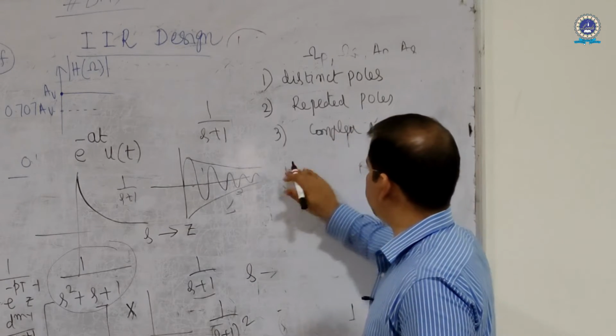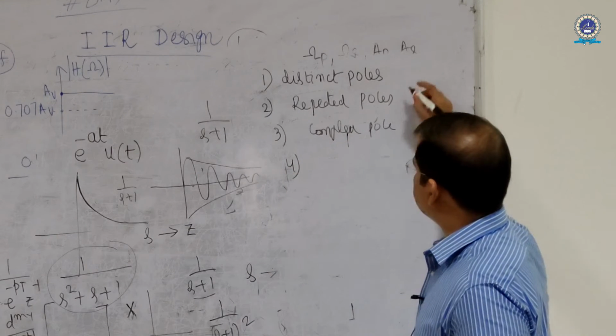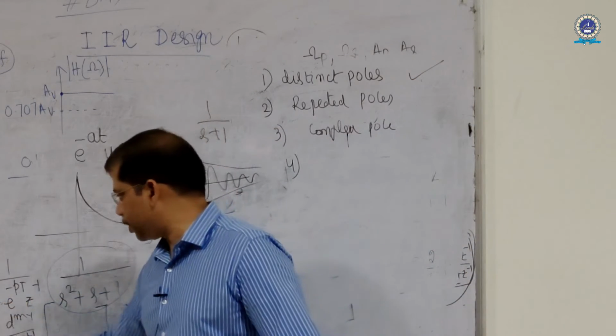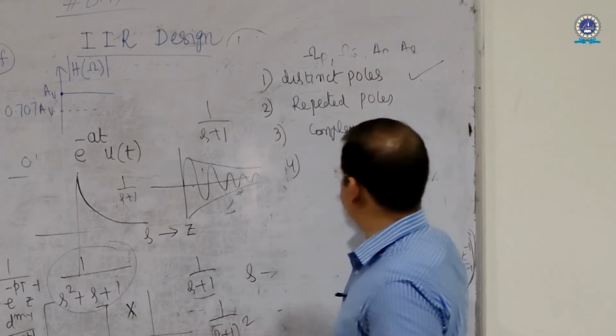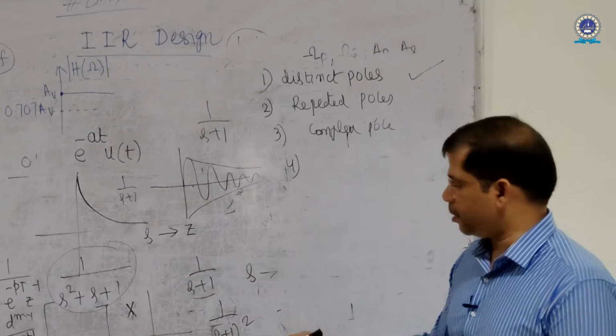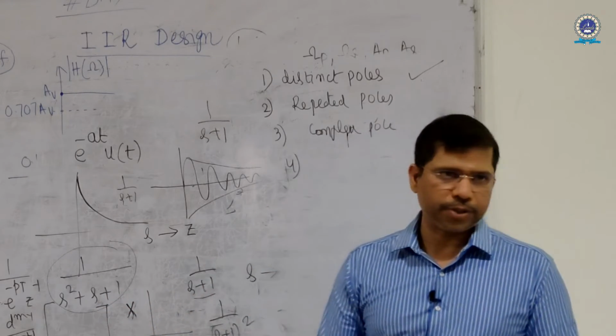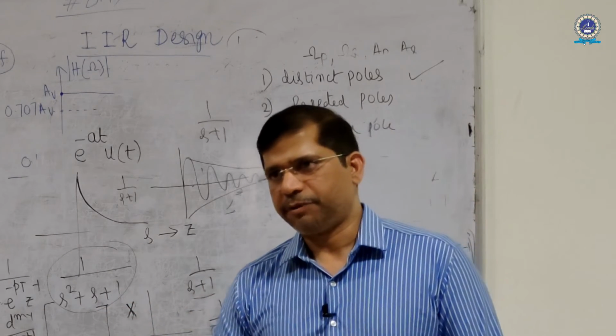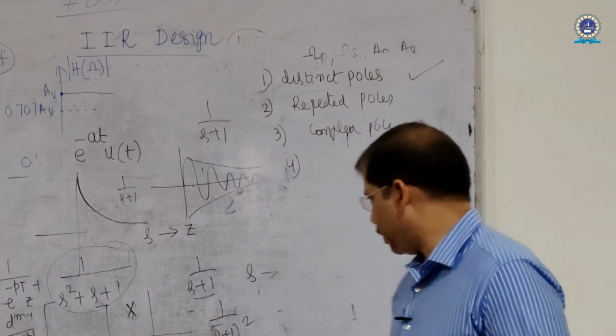And complex repeated poles. So this is distinct poles, you can apply this. Repeated poles, you can apply this. And for the complex poles and complex repeated poles, some big equations are given, which I can show you.